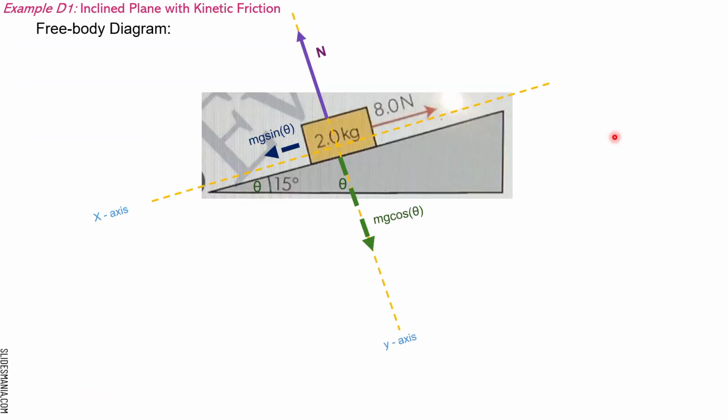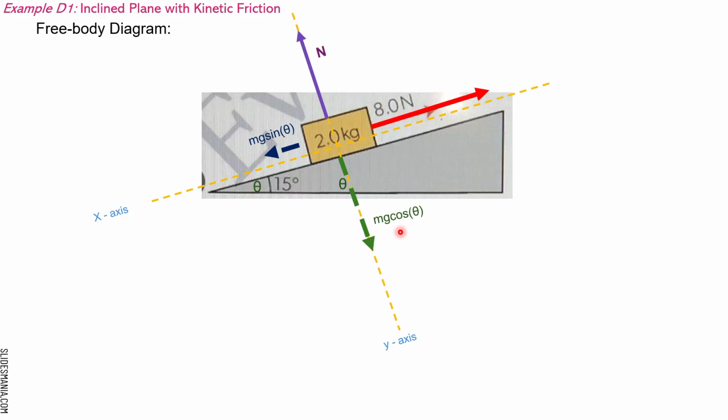So looking back at our free body diagram, first we noted the normal force and the weight. So that's N, mg sine theta, which is the weight parallel to the ramp, and mg cosine theta, which is the weight perpendicular to the ramp. Now let's consider another force that acts on this object.